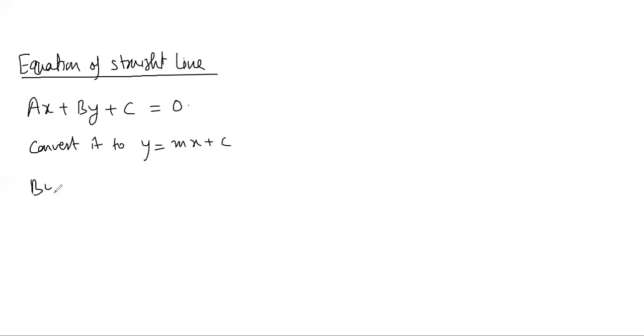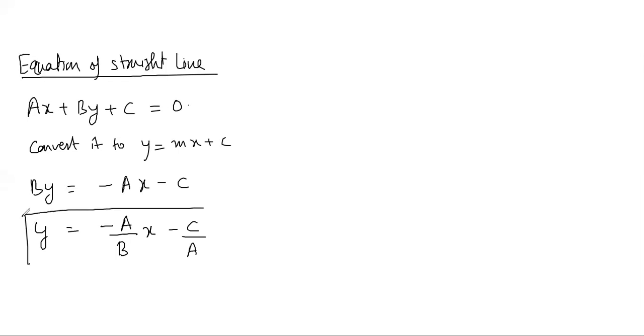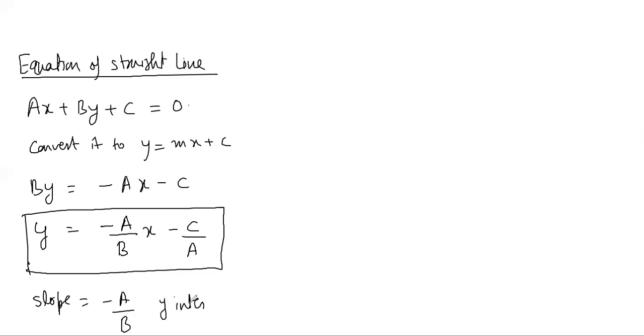So by will be equal to minus ax minus c, or y equal to minus a by b x minus c by b. What does this mean? It means the slope is equal to minus a by b and the y-intercept is minus c by b.